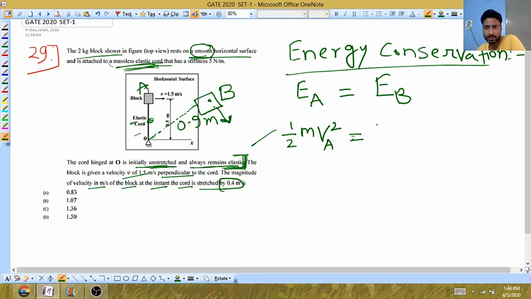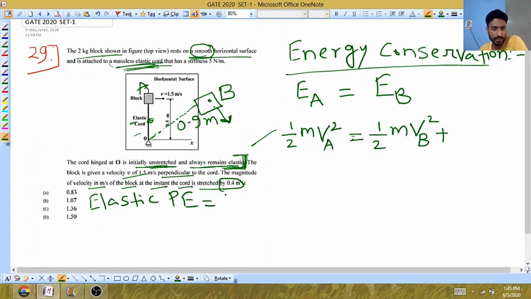at this point B, there will be some velocity, that will be half m vB squared. Okay, plus, remember one more thing, since it's an elastic member, its elongation is observed, so you need to consider that energy as well. That energy is called elastic potential energy or spring potential energy, and that is equal to half k x squared.